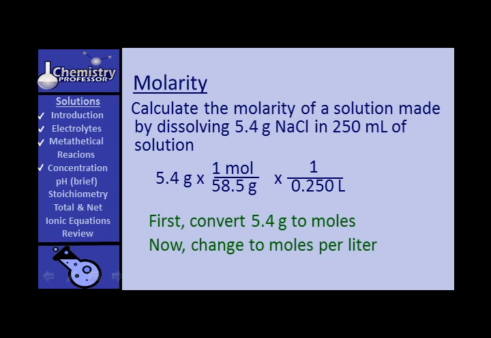Our grams cancel, and we're left with moles per liter. And moles per liter is molarity. So the answer is 0.37 molar, or 0.37 moles per liter, or a molarity of 0.37. Got the idea?